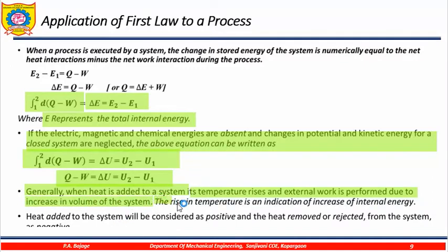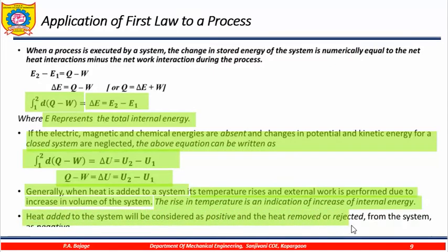The rise in temperature is an indication of increase in internal energy. Heat added to the system is considered positive, whereas heat removed or rejected from the system is considered negative.